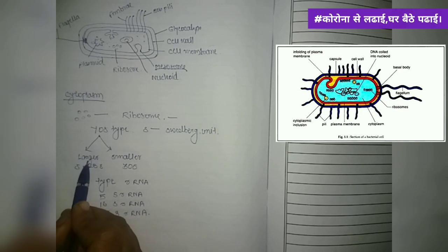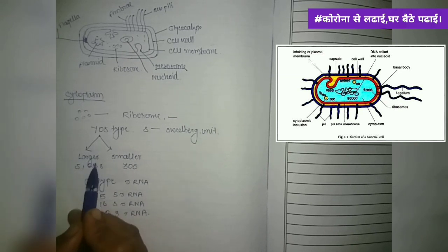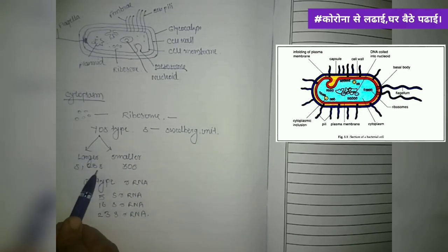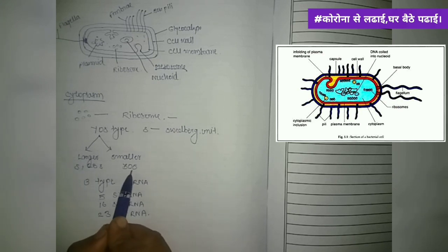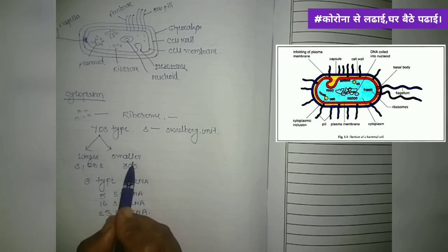The 5S and 23S ribosomal RNA are present in the larger unit, and the 16S RNA is present in the smaller unit.